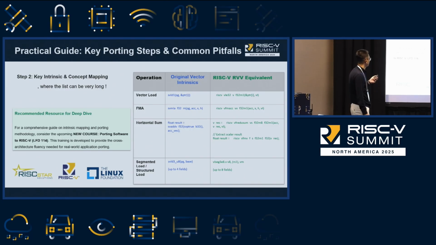I don't want to go through the details here, but I really recommend you take this new course, which will be coming online soon. It's co-developed by RISCstar and the Linux Foundation. It will be online, free to access.